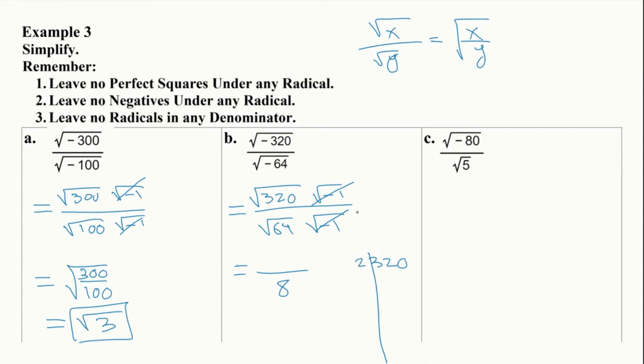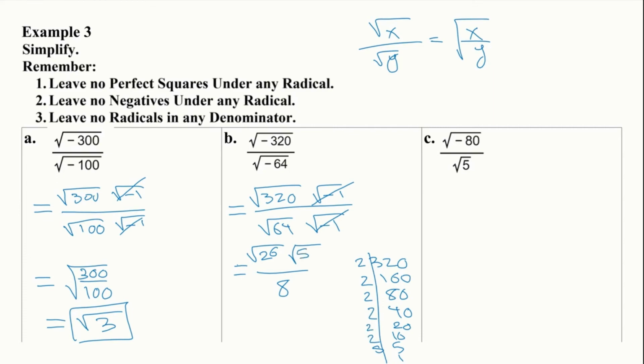So I know I can start with 2, that gives me 160, 2 gives me 80, 2 gives me 40, 2 gives me 20, 2 gives me 10, 2 gives me 5, and 5 gives me 1. So I have 2 to the power of 1, 2, 3, 4, 5, 6. So that's the square root of 2 to the 6 times the square root of what's left? 5, right?